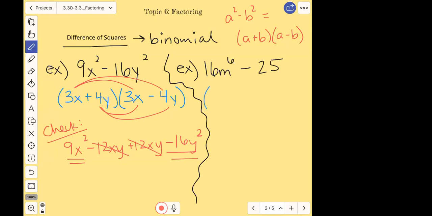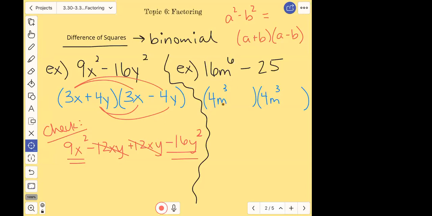Okay, so the first term is in fact a perfect square. 6 is not a perfect square, but m to the 6th is because of properties of exponents. So the square root of this term is going to be 4m to the 3rd. That's because when we multiply 4m to the 3rd times itself, we'll get 16, obviously.